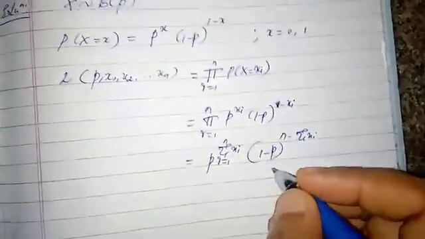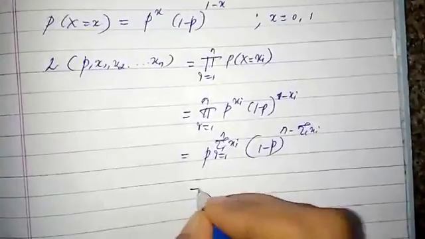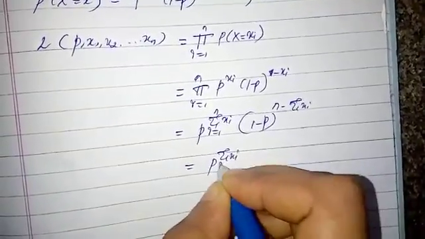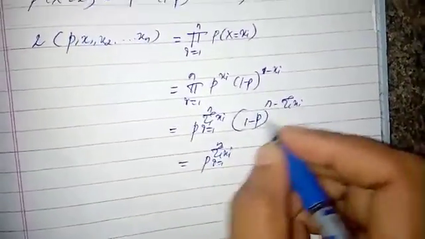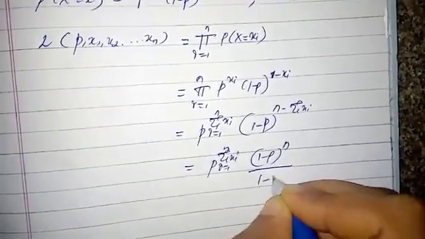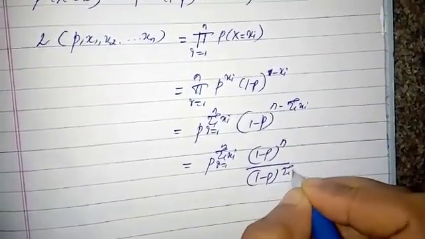We can write this term 1 minus p power n minus summation xi as 1 minus p power n divided by 1 minus p power summation xi.